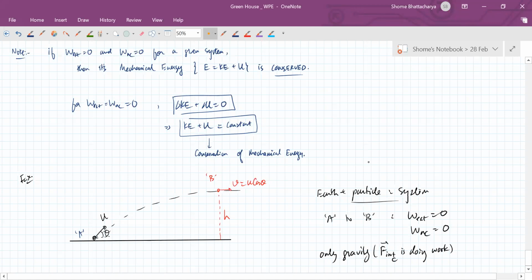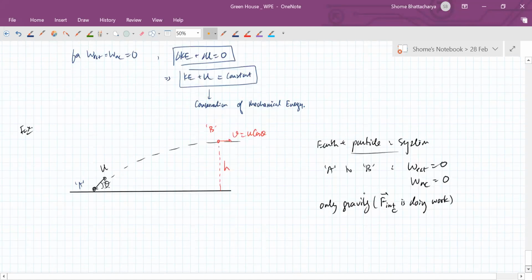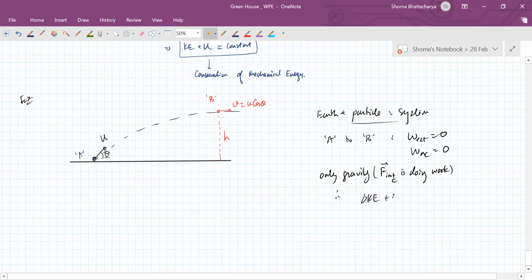So we can say that for this system, change in kinetic energy plus change in gravitational potential energy is 0. From A to B, the change in kinetic energy is plus half m (v square minus u square). Change in potential energy is plus mgh.